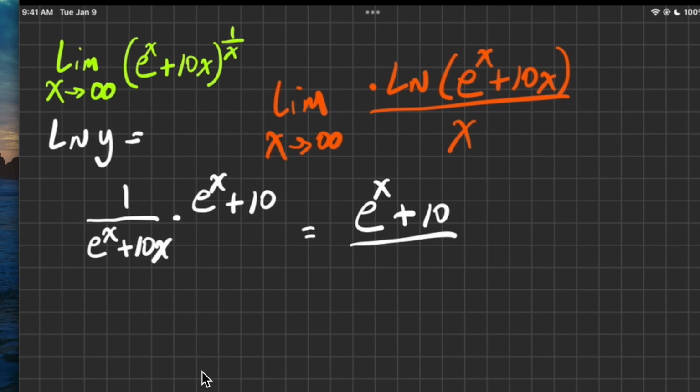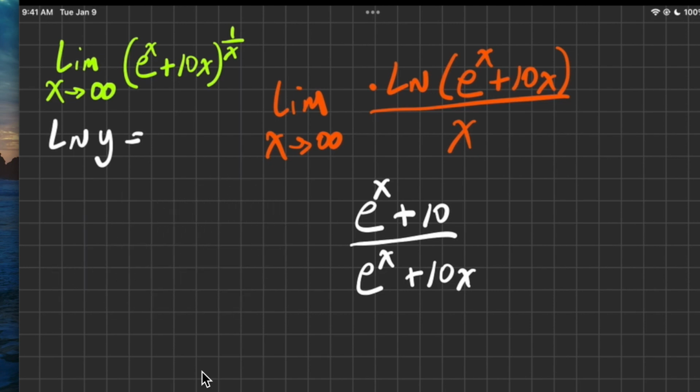So let's go ahead and create our new limit. Alright, we're still going to invoke the limit as x goes to infinity because we still have x in our expression. Now, if we plug in infinity here, we're going to have infinity over infinity. This is still L'Hopital's friendly.